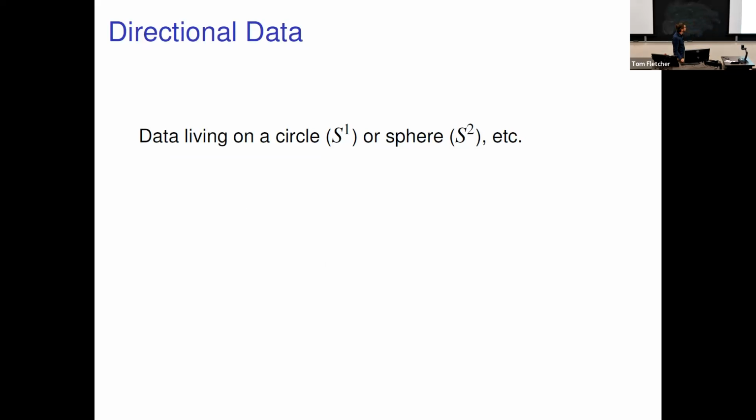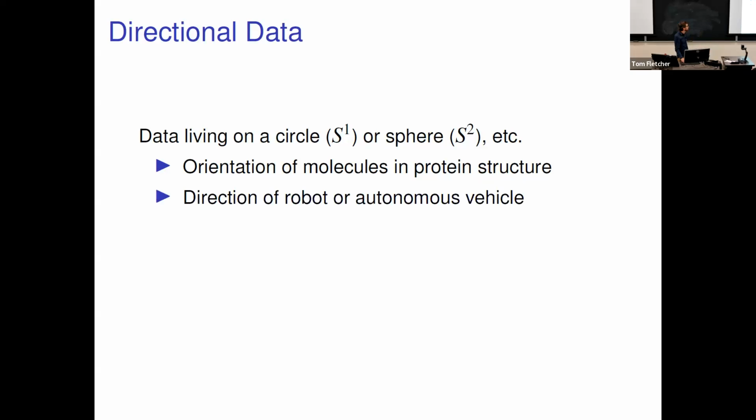And so some examples. One example I like to give is geolocations, like locations on the Earth. I have data that's a bunch of locations on the Earth. That's a very natural sphere, right? Other data that has directional, sphere or circle representations would be molecules.